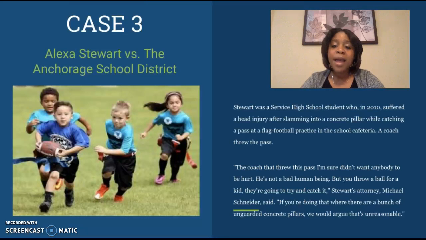The coach that threw the pass said, "I'm not sure, didn't want anybody to be hurt." "He's not a bad human being, but you throw a ball for a kid, they're going to try to catch it," Stewart's attorney, Michael Schneider, said. "And if you're doing that where there are a bunch of unguarded concrete pillars, we would argue that's unreasonable."